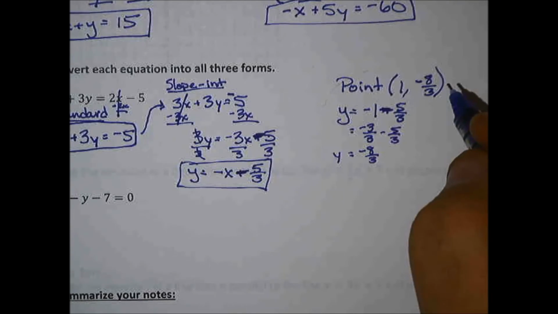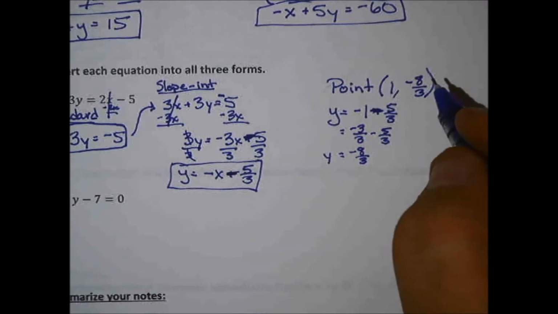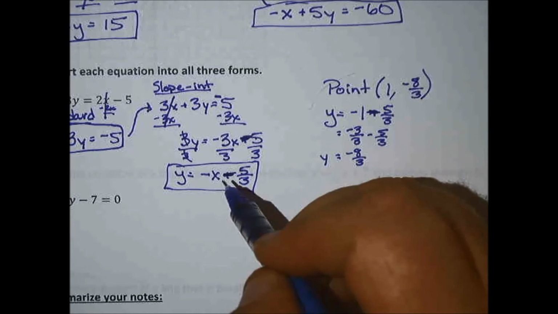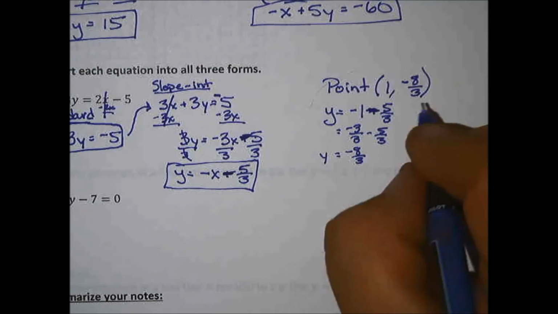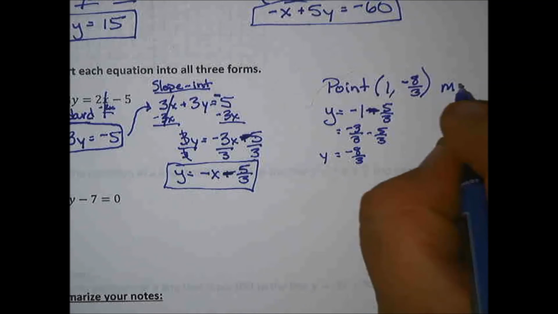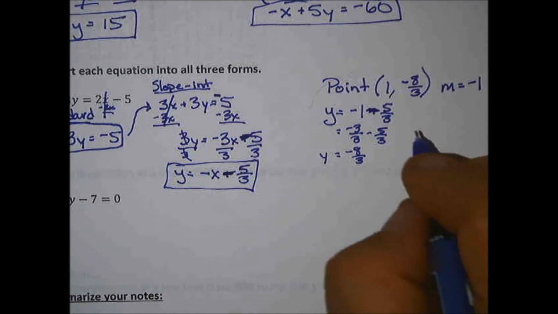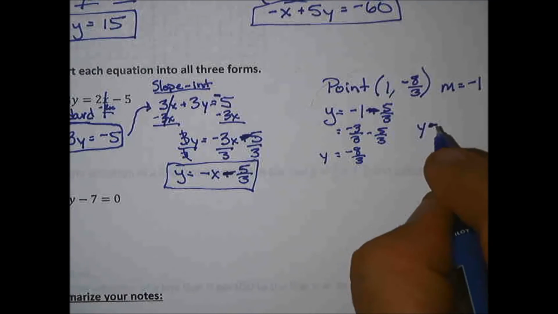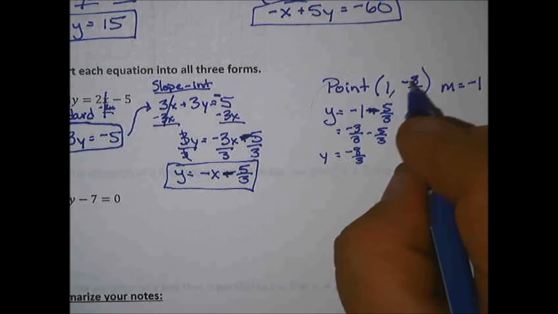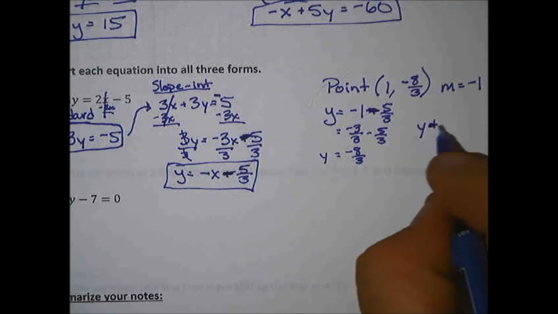Now I'm going to use that in point-slope form. All right? I know my slope. My slope is -1. Okay? So I'm going to tag that on here. M equals -1. And I'm just going to write it in point-slope form. So I need y minus the y coordinate. So I'm going to switch the sign.